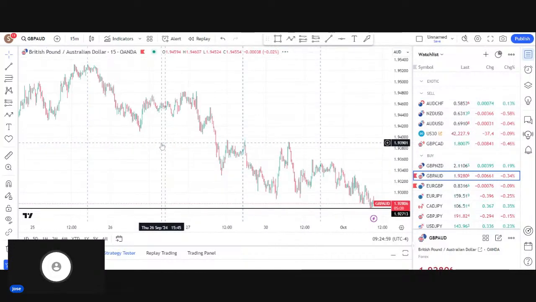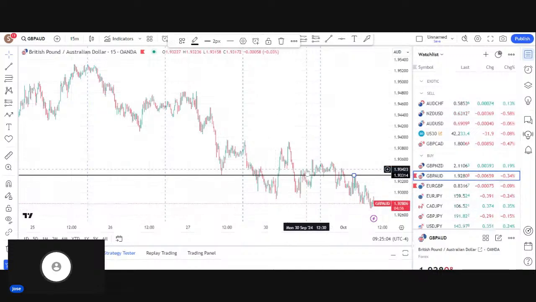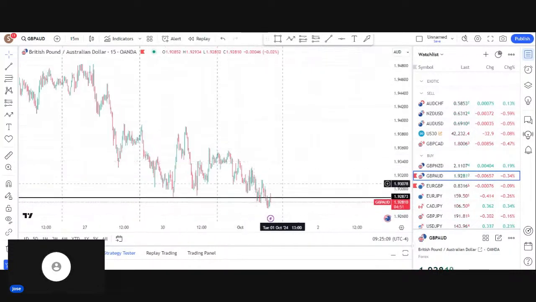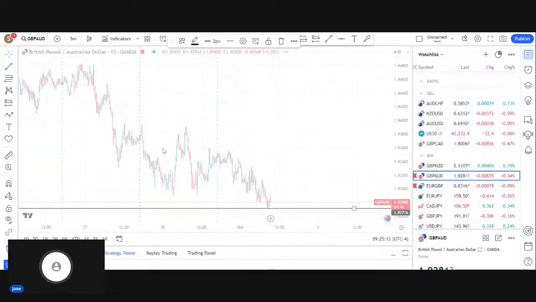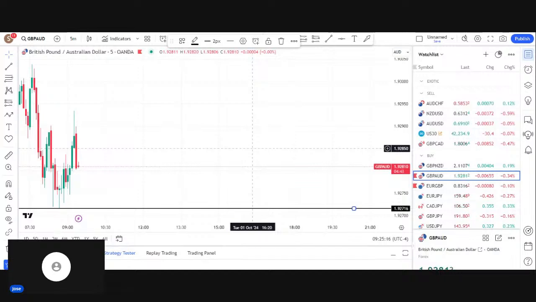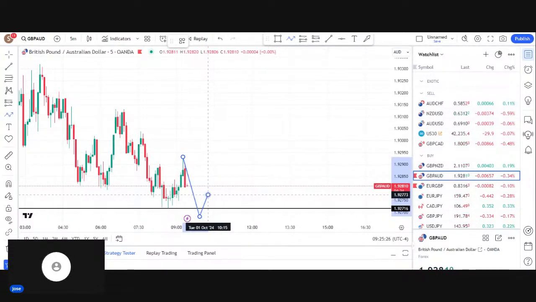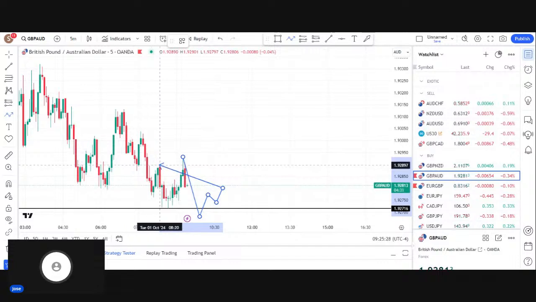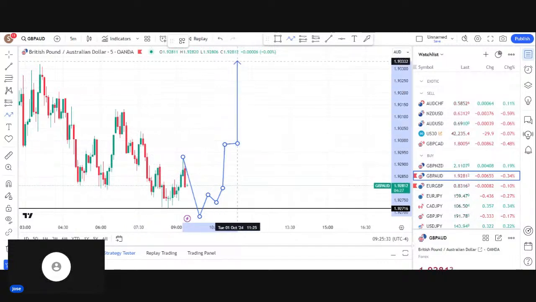Yesterday price broke out and then closed back inside of the range. That is a buy signal for the next day. So on the next day, in the New York session, what I want to see is price sweeping this liquidity first, and then to consolidate or break this level here for price to continue moving higher.